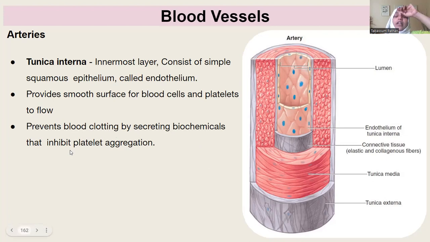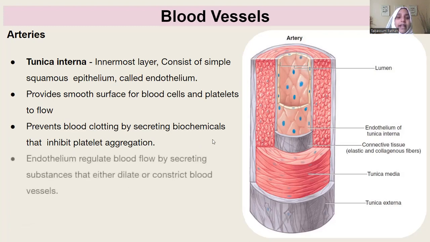Remember, we saw in the video of blood clotting or coagulation, if there is a hole or damage in the wall of the artery, automatically all the thrombocytes, the platelets, will come, and there will be certain secretions which will bring a clot or a plaque will be generated.